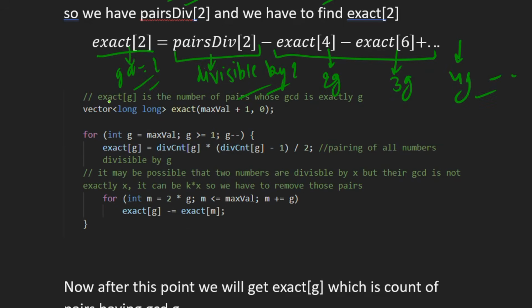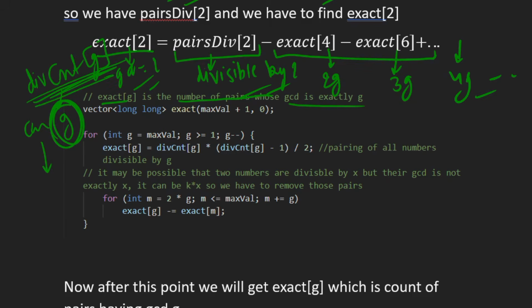So basically we have discussed that exact of G is the number of pairs whose GCD is equal to G. So for that we already find the div count of G, which will tell us the count of numbers that are divisible by G. So if we form all the possible pairs, that will be div count of G C2.